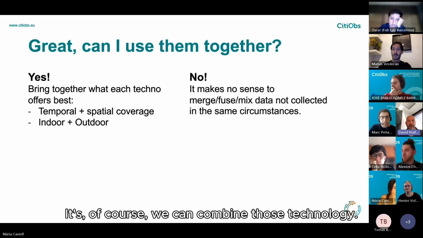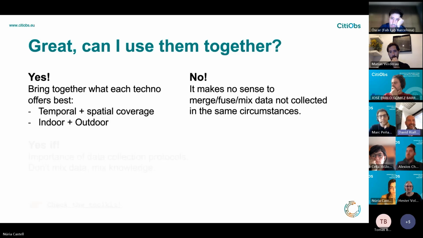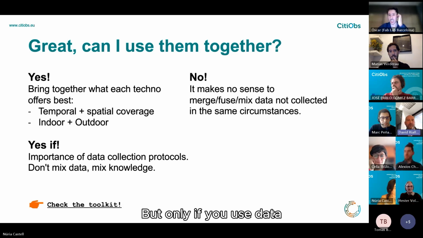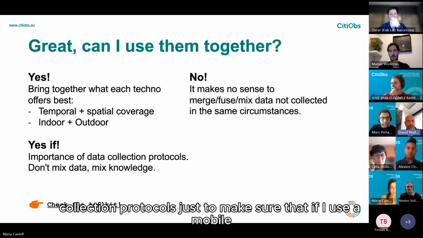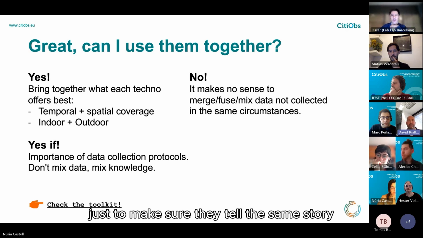Of course, we can combine those technologies, yes, but we have to make sure. Thank you. Yes, we can combine those different sources of information, but only if you use data collection protocols, just to make sure that if I use a mobile and there's a static, we use the sensors in the same conditions so they tell the same story.